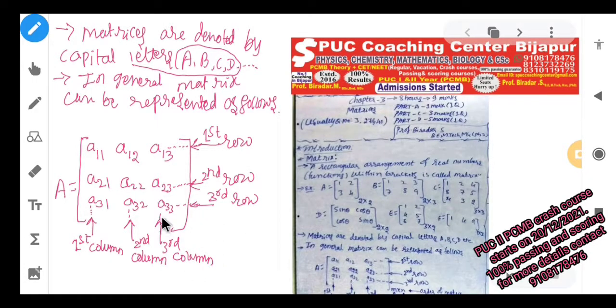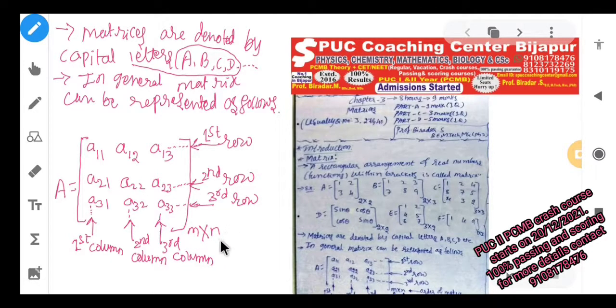Okay, so we don't know exactly how many rows and how many columns there will be. That's why, in general, we consider m number of rows. We don't know how many rows, so we take m. M number of rows by, that is a cross, n number of columns.